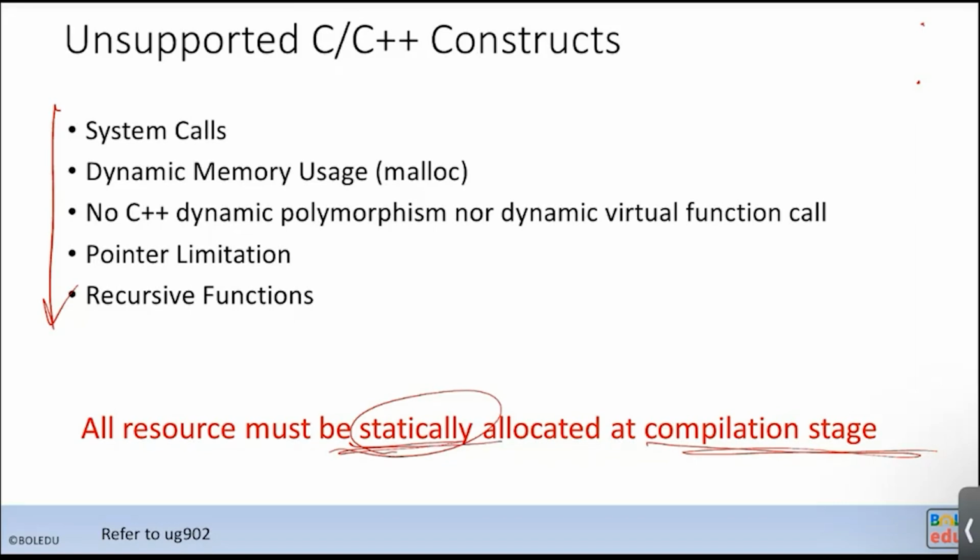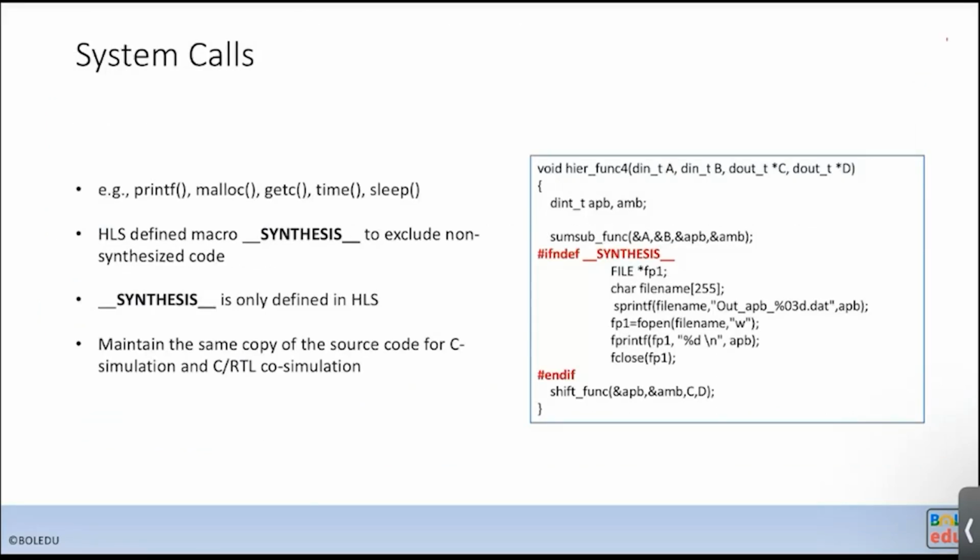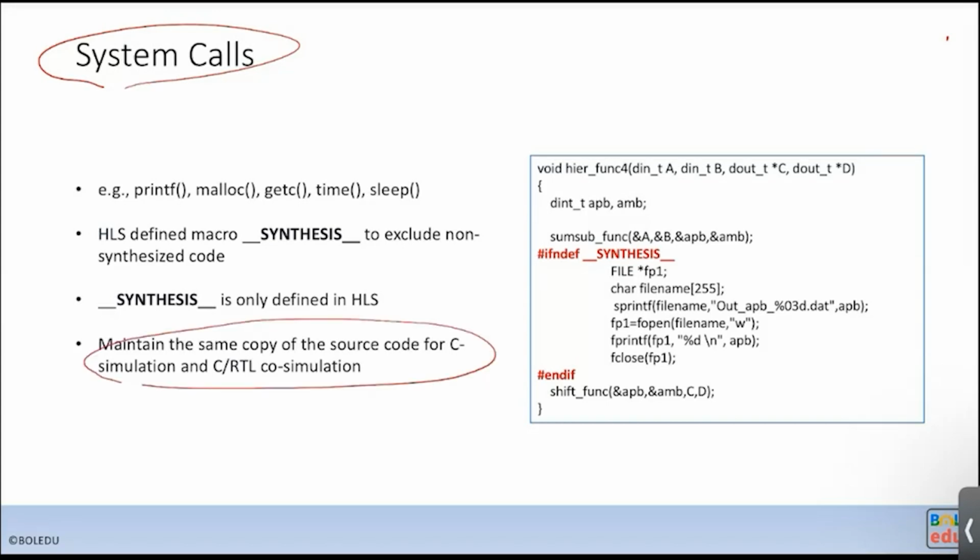For example, it's quite obvious that SystemC code could not be supported here. It's not synthesizable. However, we really like to maintain the same copy of the source code for both C simulation and C RTL co-simulation. We like to have the same piece of code.